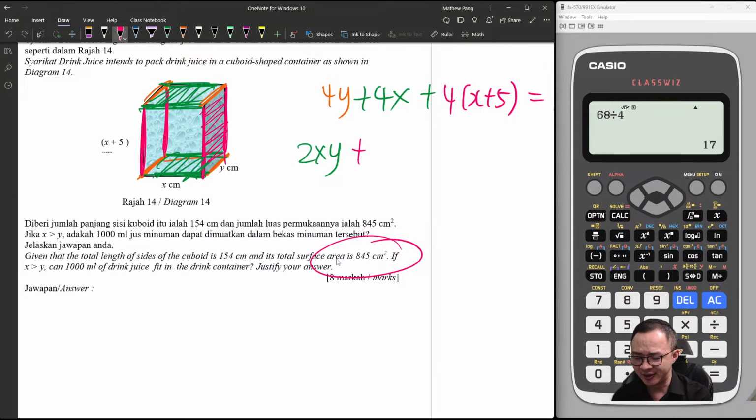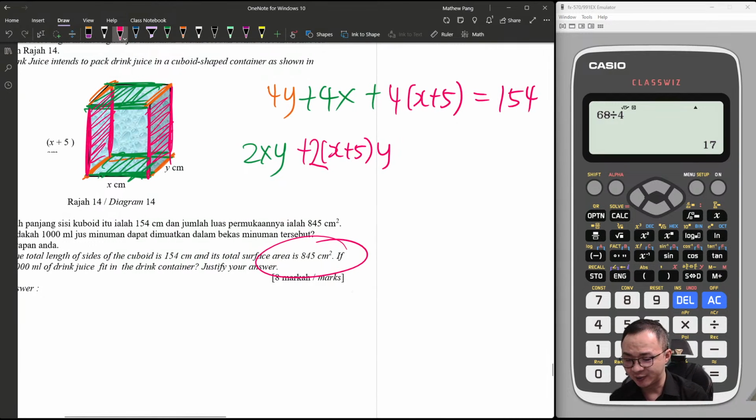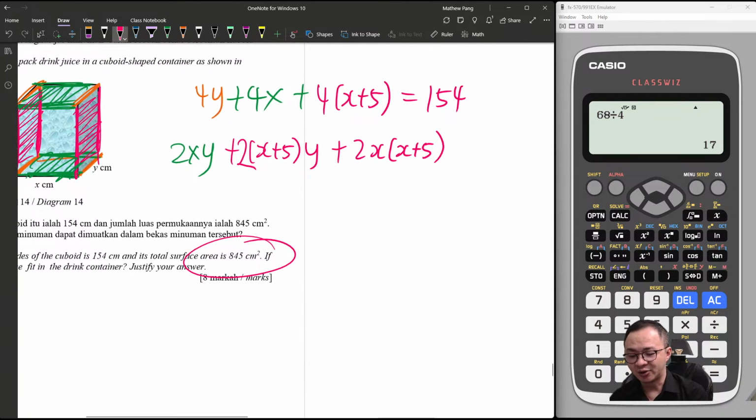The side one is (x plus 5) times y. And you have double also, so add a 2 in front. Then the front and the back, that one is x. You have double also, x multiplied by (x plus 5). Then the total will be 845.